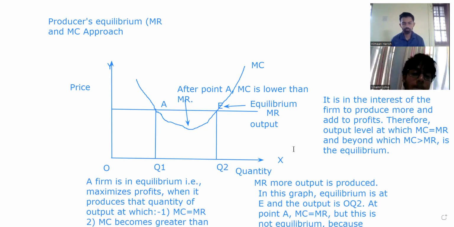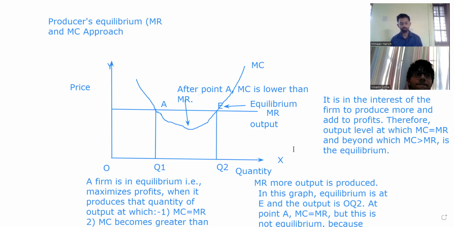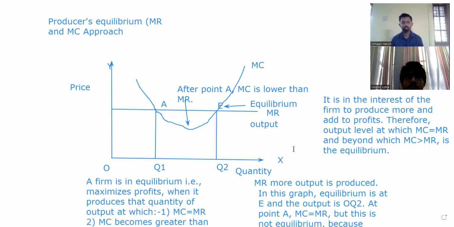And we derived the total revenue and total cost approach in the previous session. So MC cuts the MR curve from below, as we see here, right?